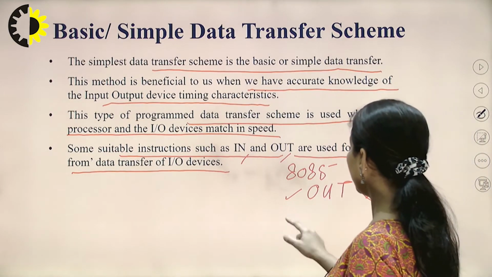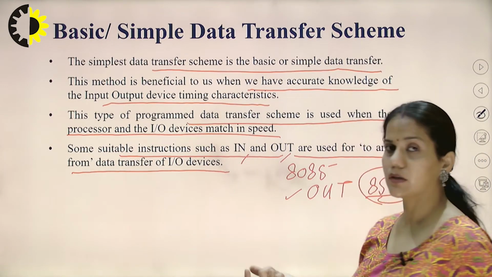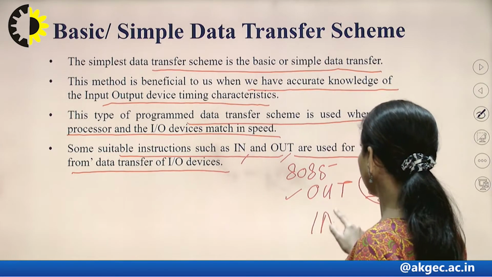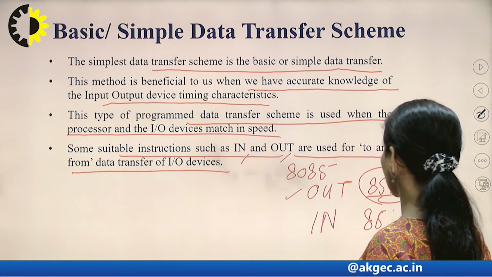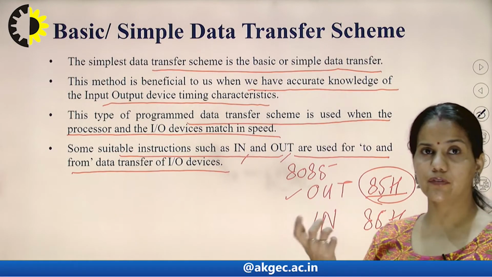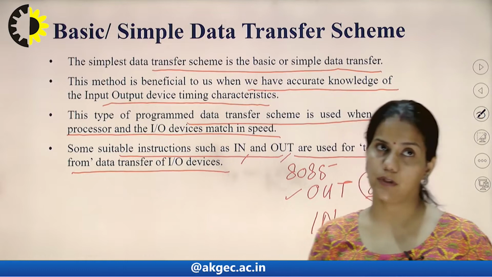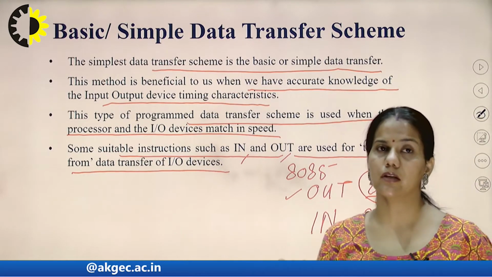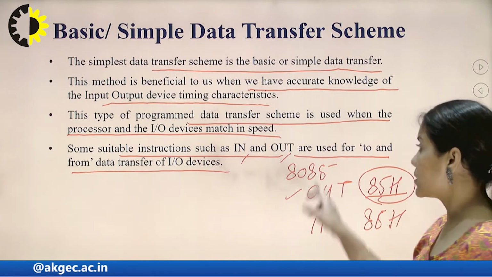And if we want to input data from some port, then we will write IN 85H. What will this do? This will transfer the contents of the port addressed 85H to the accumulator. In this way, this type of simple data transfer scheme can be used with such instructions.